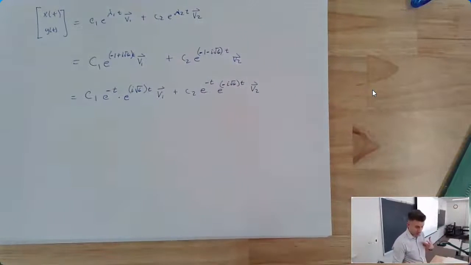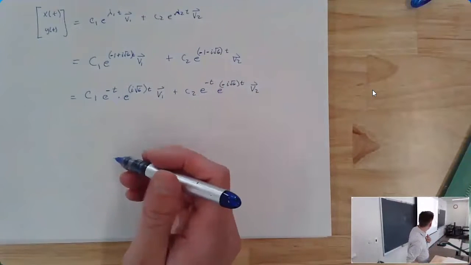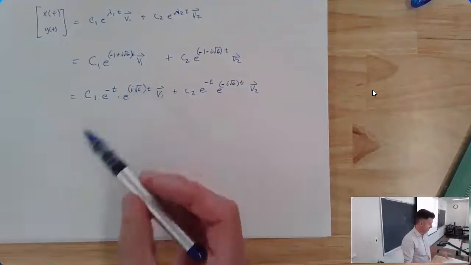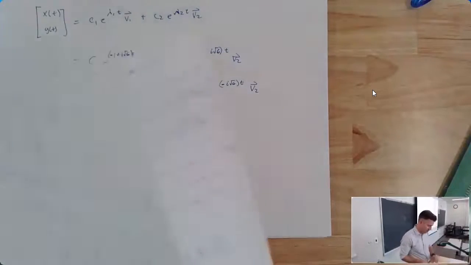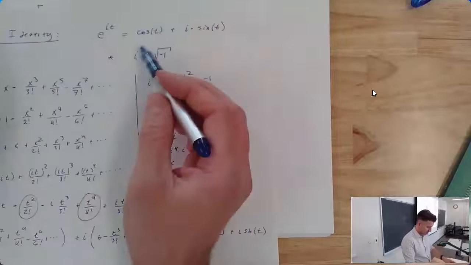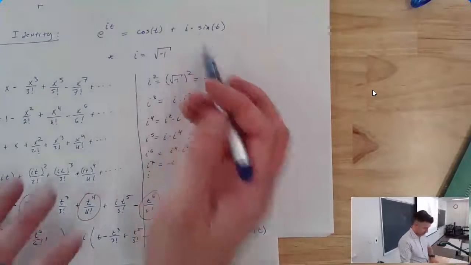Okay, but check this out. Euler's formula says that e to the i t is cosine of t plus i sine of t.